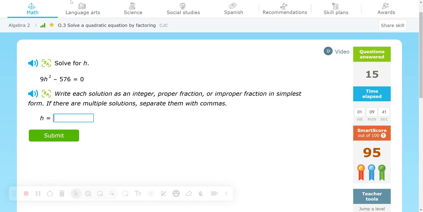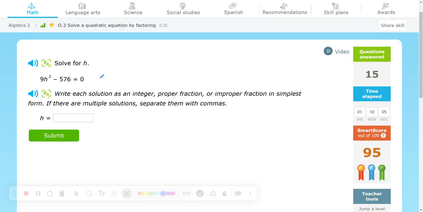Let's use my calculator over here. I can take the square root of 576. Ooh, 24. I remember now. 24.